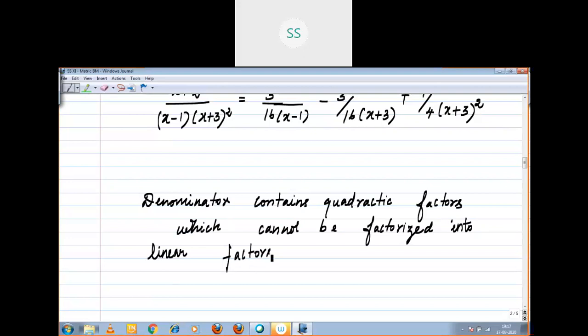How to resolve that fraction, that is p of x divided by q of x?